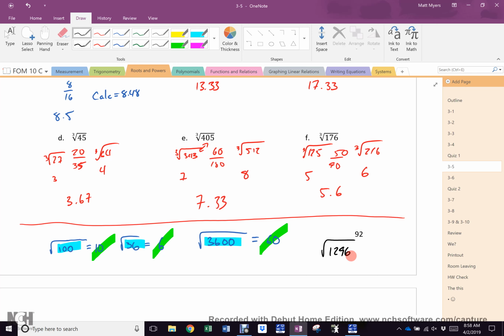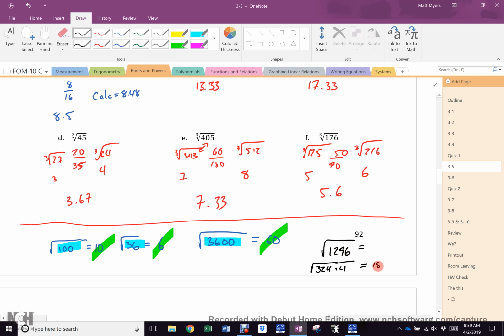Looks weird, right? I haven't taught you how to do this. But notice, I was able to break this big number down, yes? So what if I told you this was the square root of 324 times 4? What would the square root of 1,296 be?